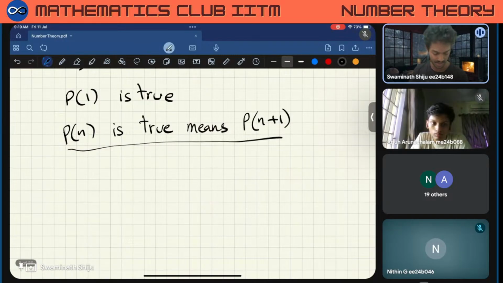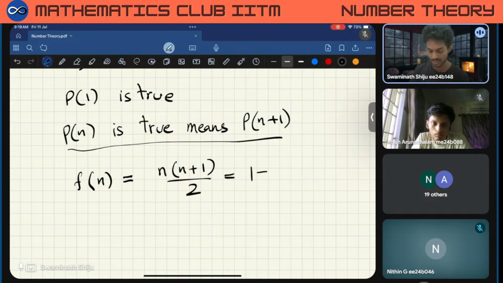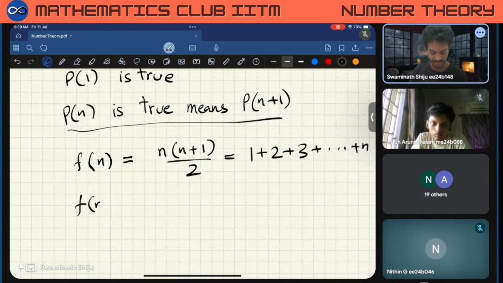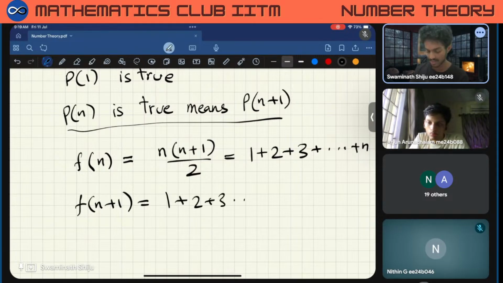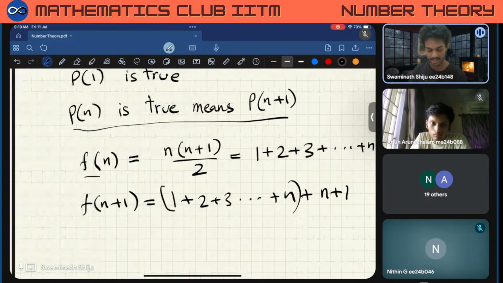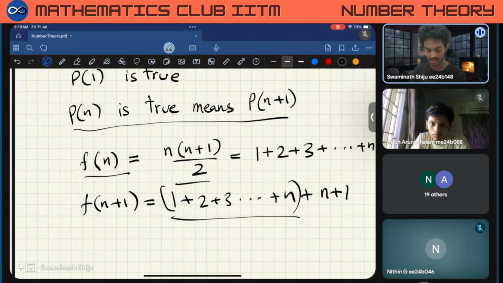Assume P of n is true. That means f of n is equal to n into n plus 1 by 2, which is equal to 1 plus 2 plus 3 and so on up to n. Now f of n plus 1 is equal to 1 plus 2 plus 3 and so on up to n, plus n plus 1. This part is just f of n, so we can substitute it back in.